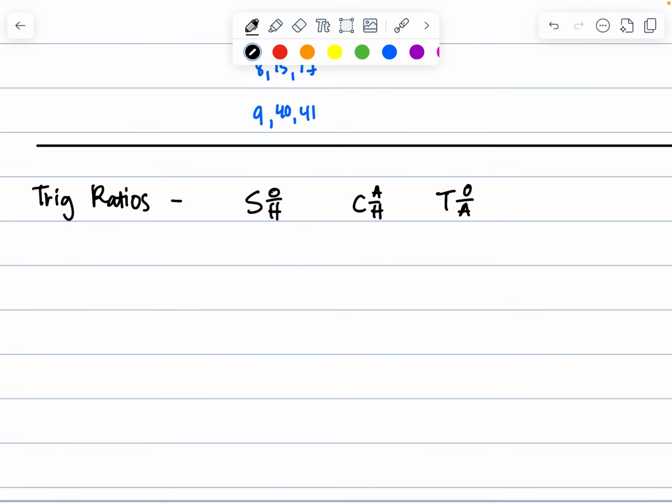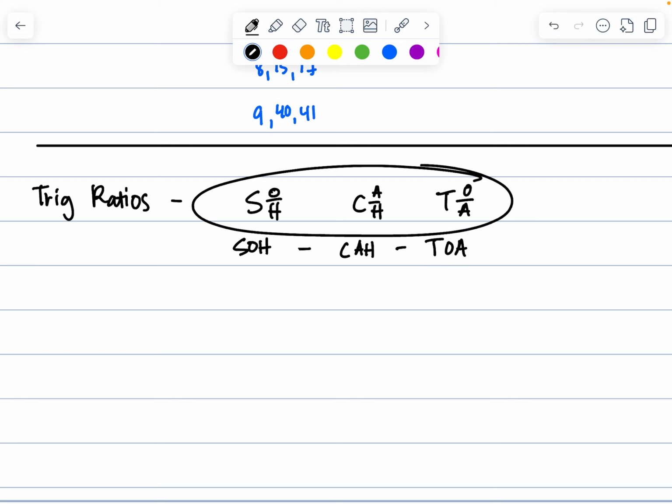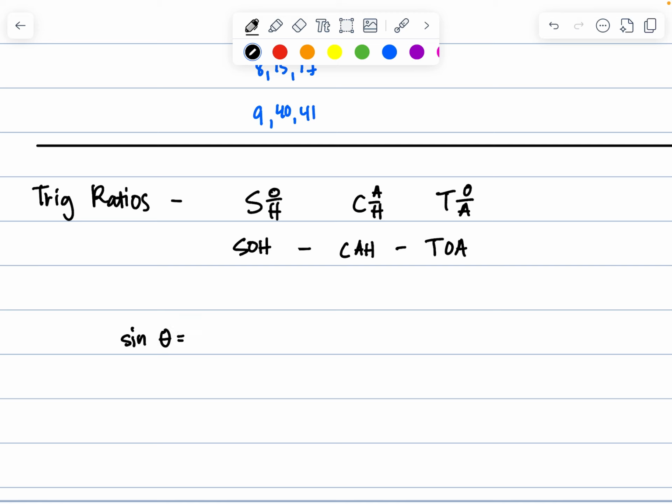SOHCAHTOA, or all spelled out. I'm so used to writing it this way. I personally like the top one because it actually shows you the ratio of what they are. Now, sine of theta is always going to be equal to the opposite side over the hypotenuse.